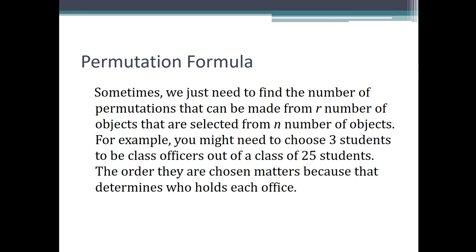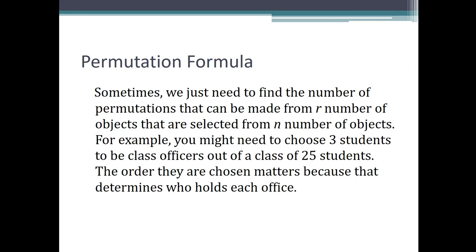Like the example I give here, let's say you have a class of 25 students. You might ask, how many ways can we line up all 25 students? That's a permutations question, and you'd answer it by finding 25 factorial: 25 times 24 times 23, all the way down to 3 times 2 times 1. That would tell you how many different ways you can line up the 25 students.